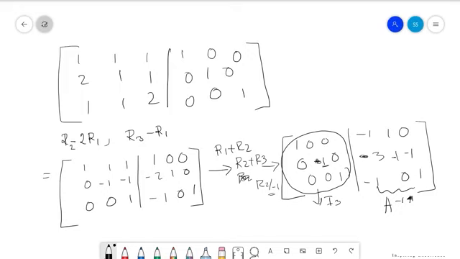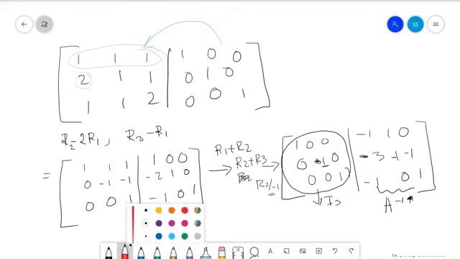Now let me explain a bit why these row operations were necessary. The idea is to get the identity matrix over here. To do that, we take these rows and try to make some pivots.